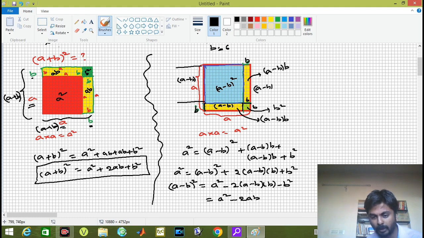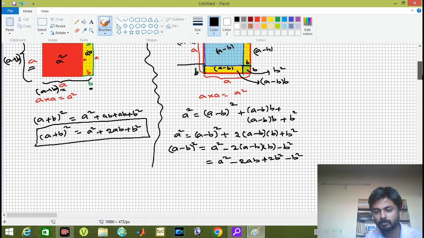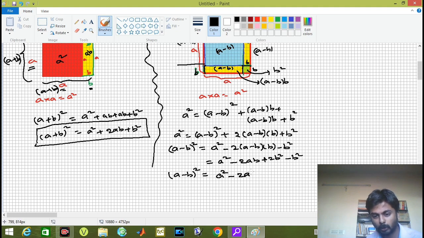So (a minus b) the whole square equals a square minus 2ab plus b square.